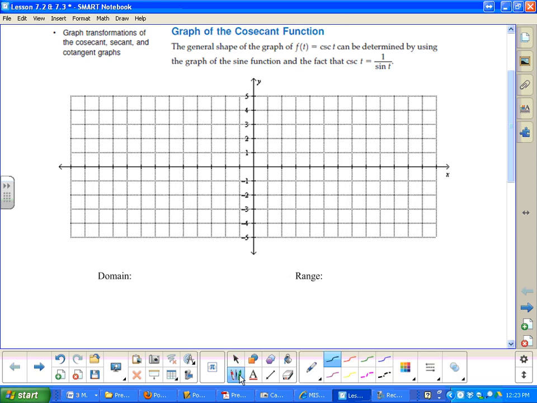So we're going to do everything just like we did when we were making them before. So I'm going to label my graph the same as I did when I was looking at sine, cosine, and tangent.